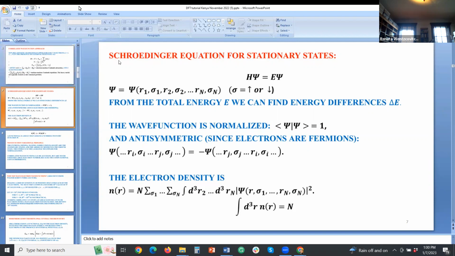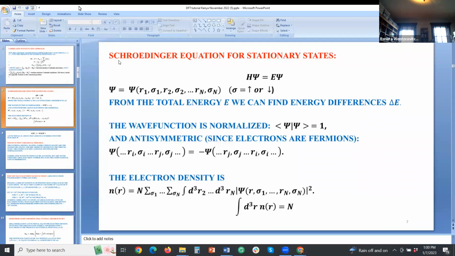Once we have the many electron wave function, we can get the electron density from it. The electron density is n of r. It's just a function of one position coordinate in 3-dimensional space, which makes it much simpler than the wave function. And we get that by squaring the n-electron wave function, multiplying by n, summing over the z coordinates of all of the spins, and integrating over the position coordinates of electrons 2 through electron n, while setting the coordinate of position 1 equal to r, the argument of the density.